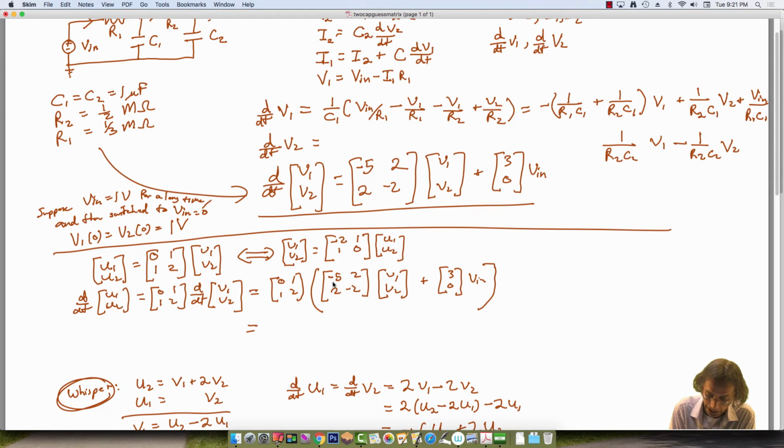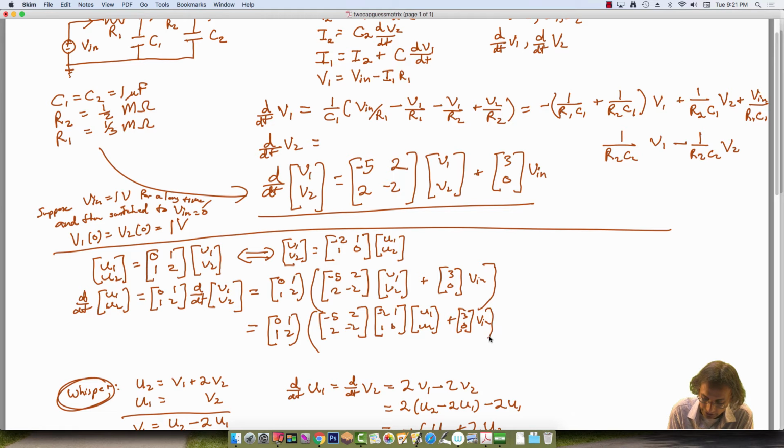That's given by this, so we can get everything in terms of u's. 0, 1, 1, 2, times minus 5, 2, 2, minus 2, times minus 2, 1, 1, 0, u1, u2, plus 3, 0, v in, which we can grind out, and I won't bore you with the details of the matrix multiplication here. It's good for you to do it yourself.